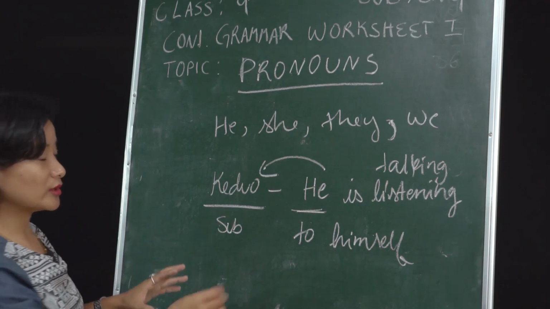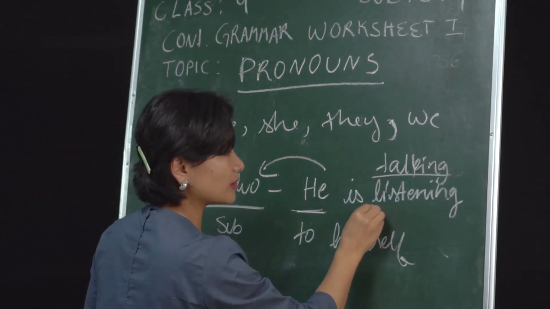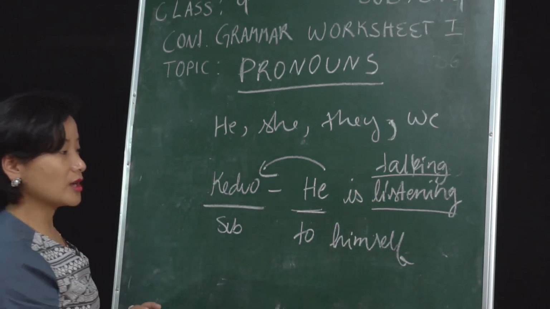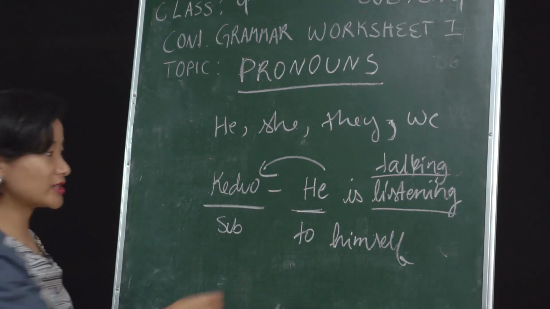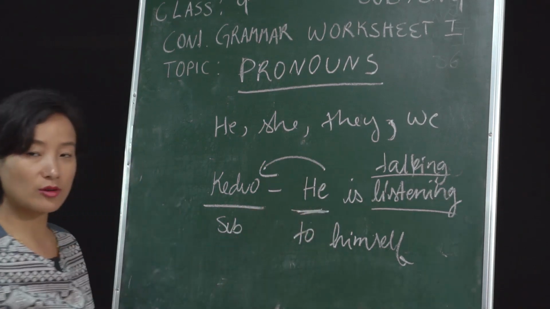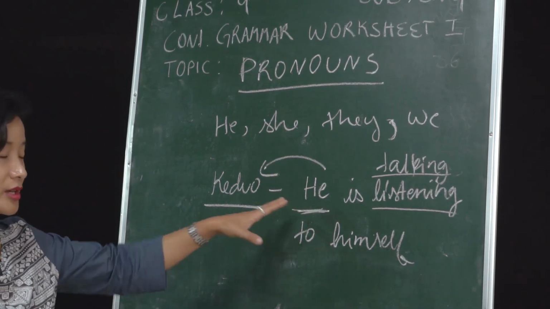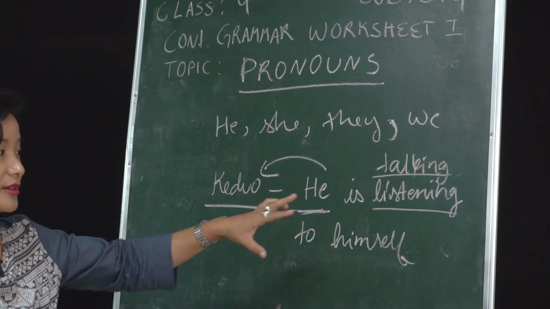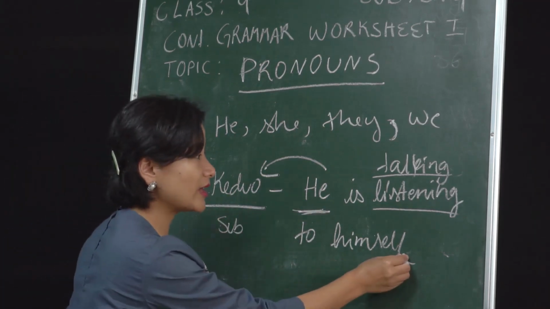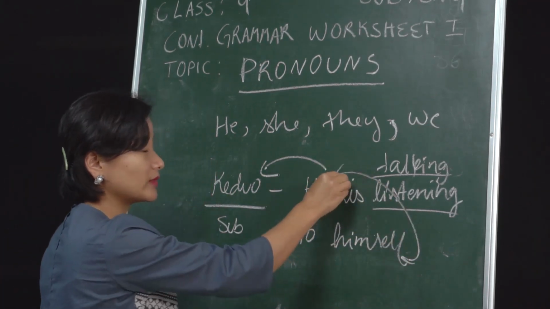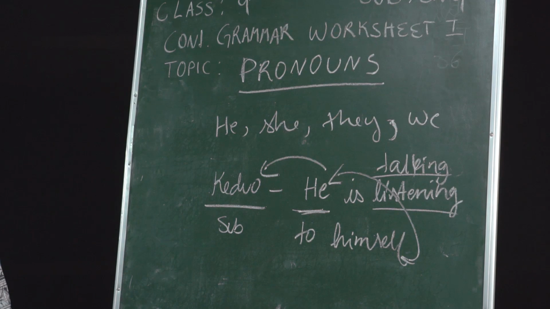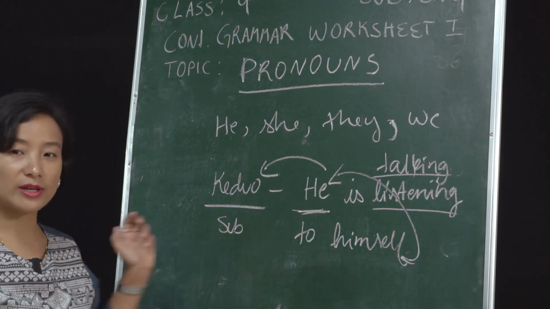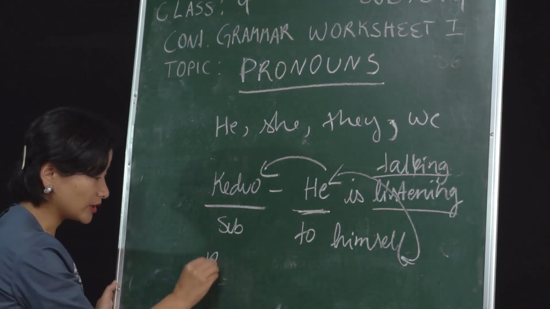And now you need to take a look at the verb here, talking or listening. What is he doing? He is listening, doing the action. He is the doer here, all right? He's talking, he is the doer here. But the verb here is being reflected back to the pronoun he, isn't it? So when the action or the verb is being reflected back to the pronoun, it becomes a reflexive pronoun.